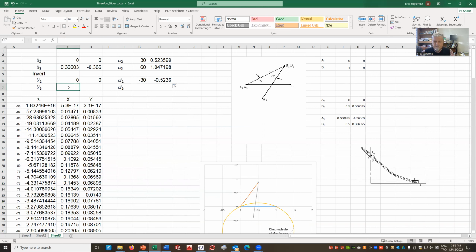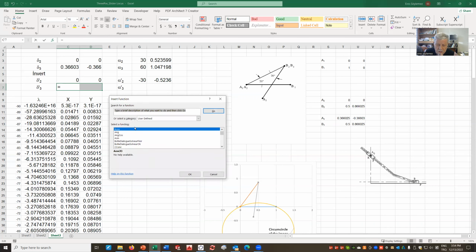Delta 3 prime, I have to rotate the vector delta 3, take it minus, and rotate it by minus alpha 3. That I can do as follows. Mark these two cells, go to the function menu.